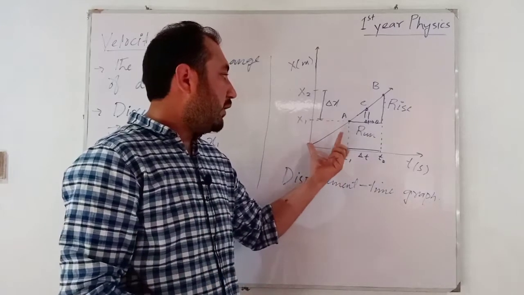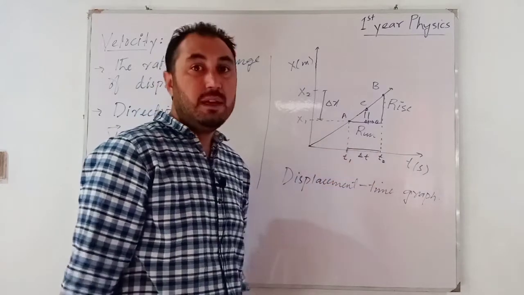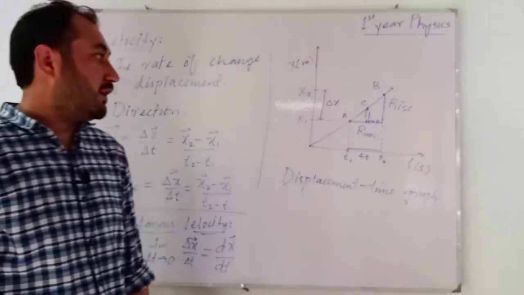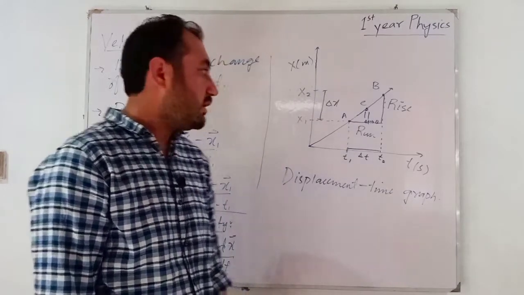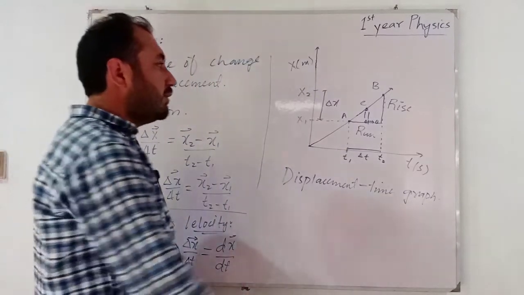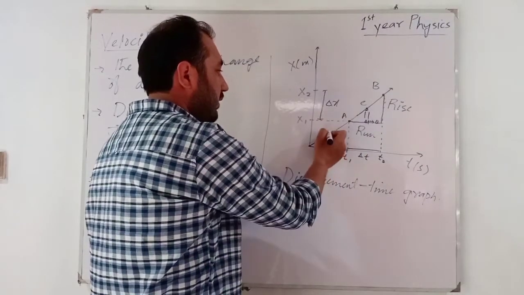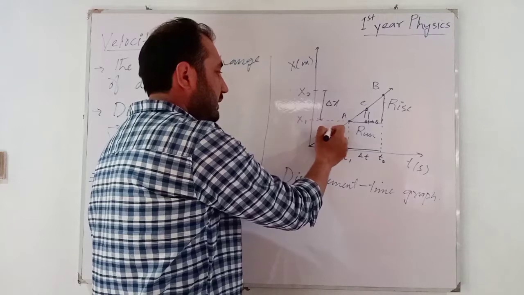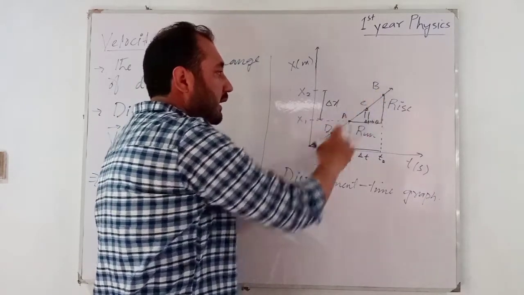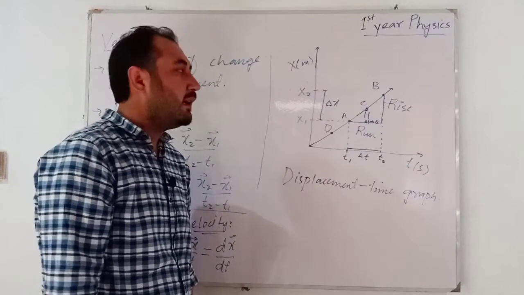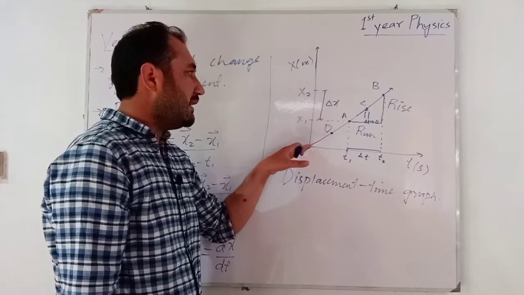If an object covers equal displacement in equal intervals of time, such an object will have uniform or constant velocity, because it doesn't matter if you consider the velocity between these two points, or between, let's say this is point D, between D and B. You are going to get the same result, because as you can see the graph is straight.